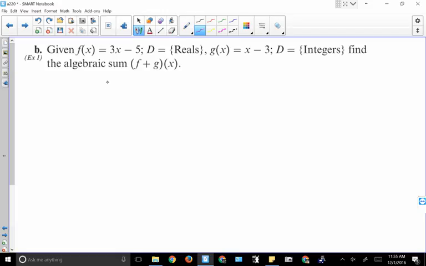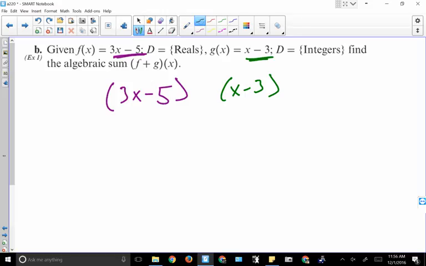So we're supposed to take f and add g. F is right there, right? So that would be 3x minus 5. And then we were supposed to add g to it, which is right there, x minus 3. Now these are being added together, right? So that's really all I'm going to do is write that down. So my f function here, my g function there.